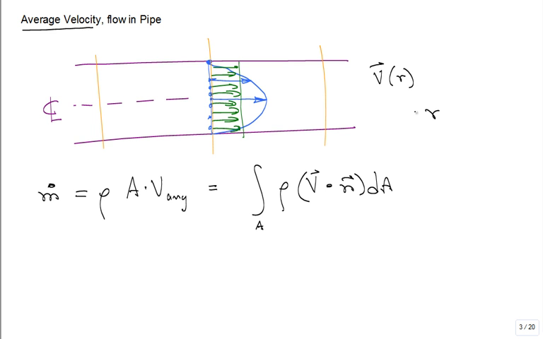And that lowercase r runs between 0 and capital R. So it's lowercase r going out. n is always down the axis of the pipe, and V is always down the axis of the pipe, so that dot product just turns into rho V dA.